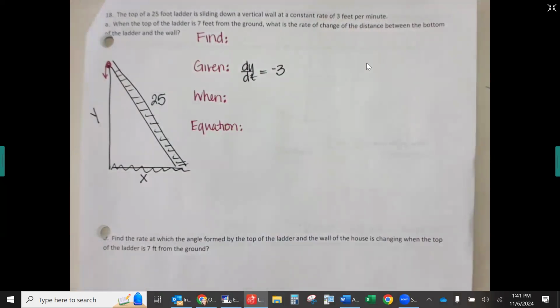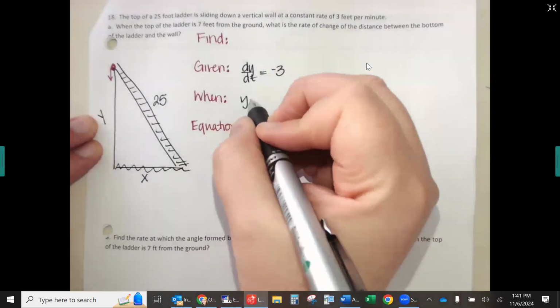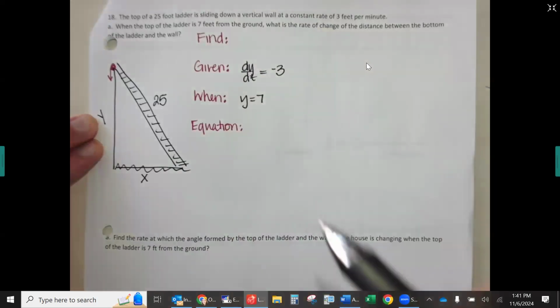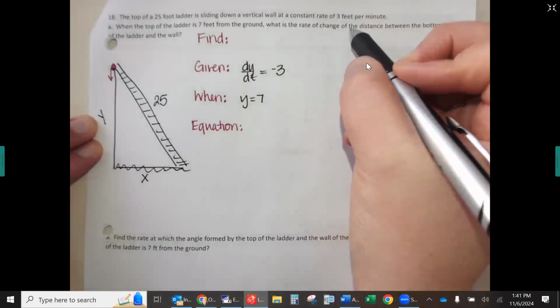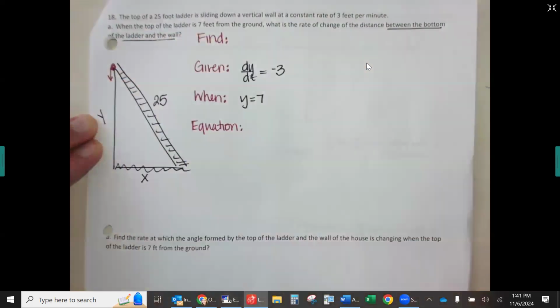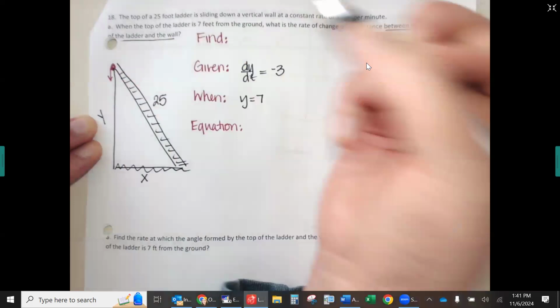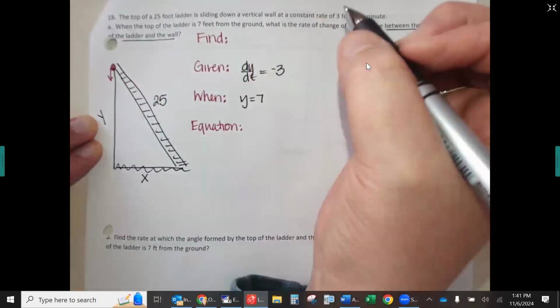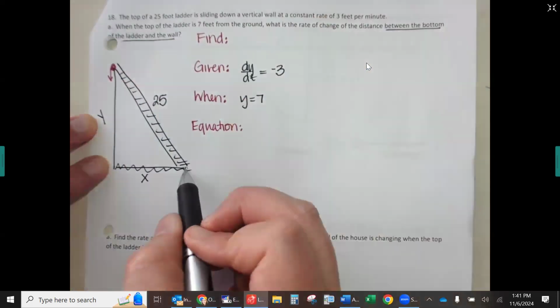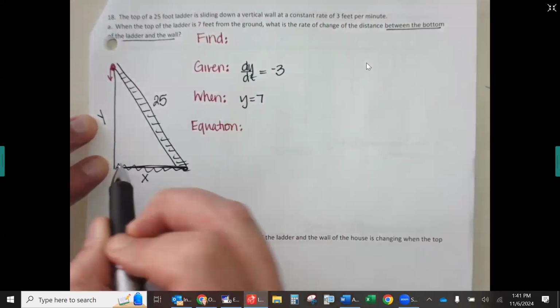Then it says right here, when the top of the ladder is 7, is that an X or a Y? Y. So when Y is 7, what is the rate of change of the distance between the bottom of the ladder and the wall? What are we finding the rate of? We already know dy dt. The bottom of the ladder to the wall is what? dx.